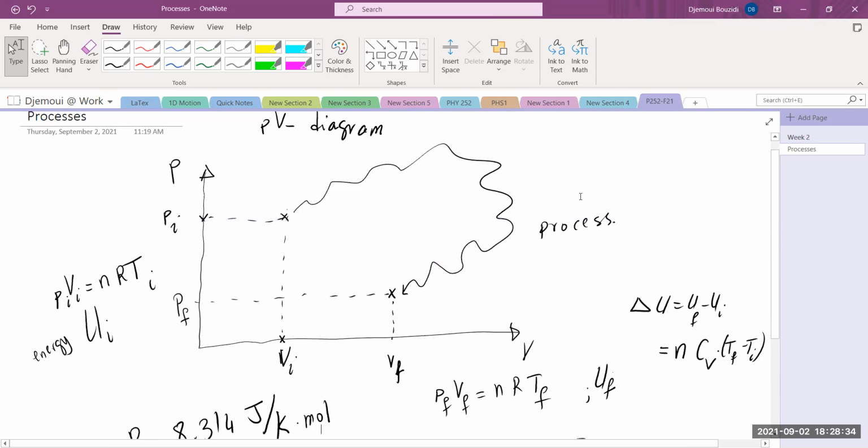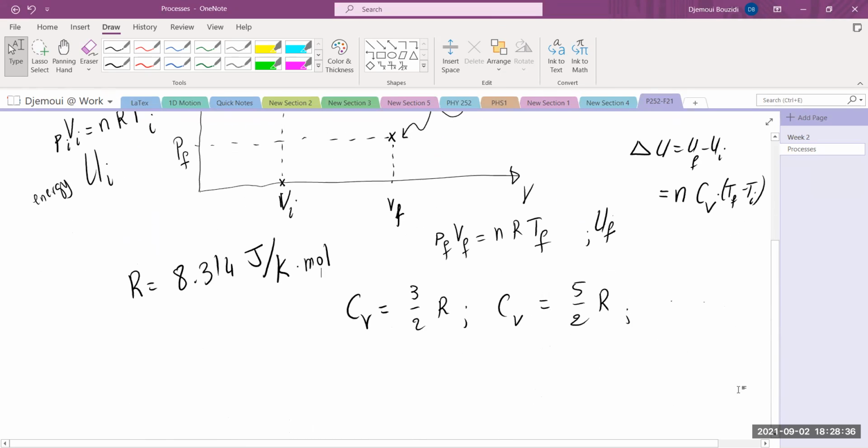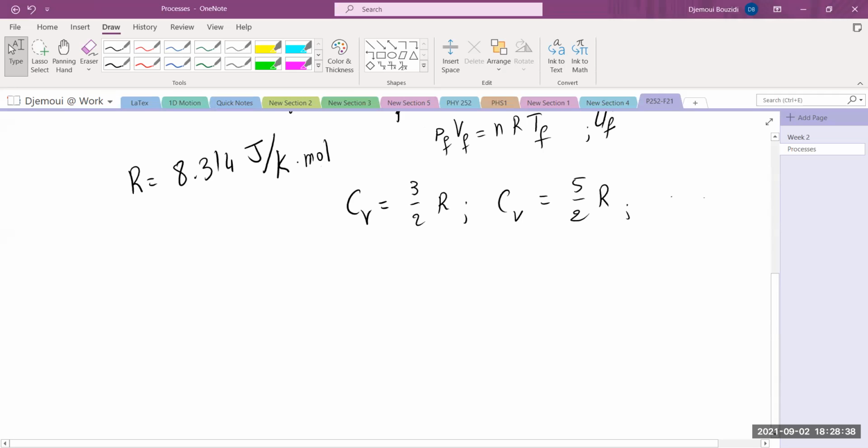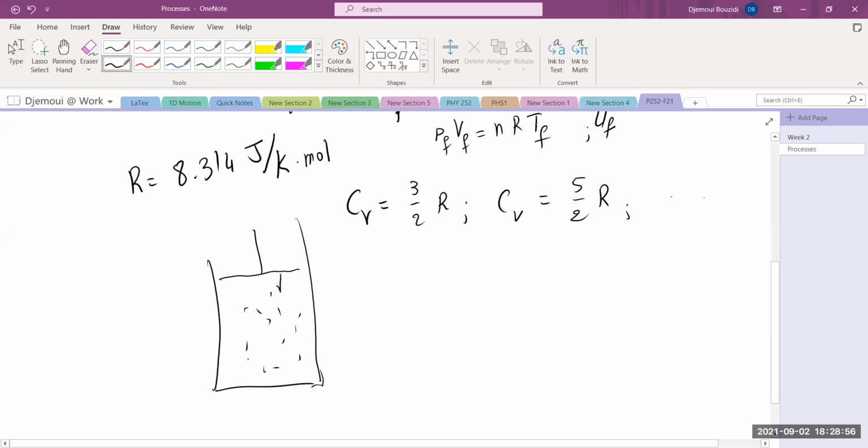The process in here has two components according to the first law. Two ways for me to increase the energy of a gas. Either do work against it. Take a gas. Let's say, for example, this is a piston that I can move. Here is my gas, okay? Press against it hard. If I do that, there will be little space for its particles to move around.